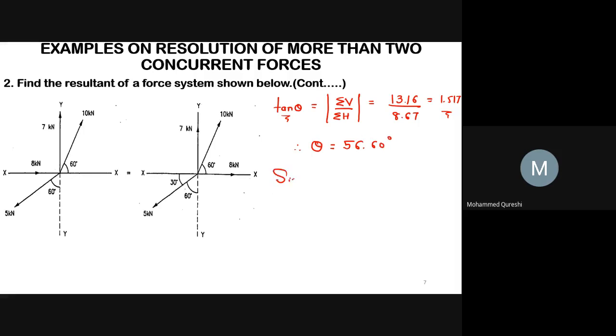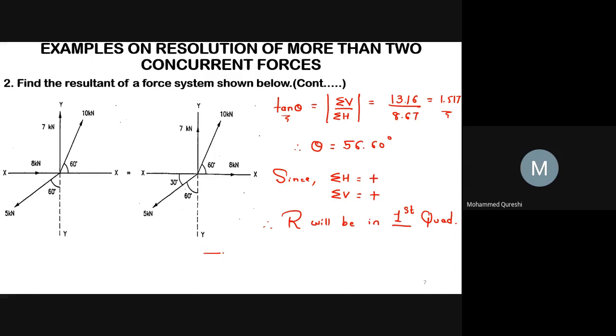Since sigma h is positive and sigma v is positive, therefore your resultant will be in which quadrant? Both are positive, hence your resultant will be in the first quadrant.